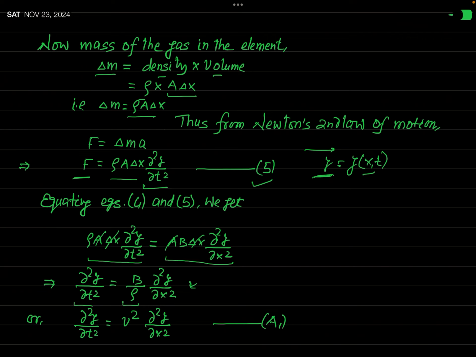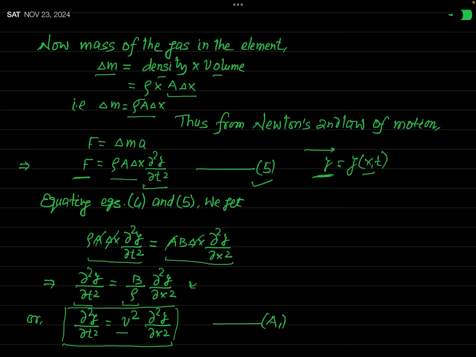And instead of this B over rho, we have written V square. Actually, this is the equation of motion of the element. Here V is a constant because for a given gas, the density will be constant if you treat it as an incompressible fluid, and B is the bulk modulus of elasticity, which is also a constant.